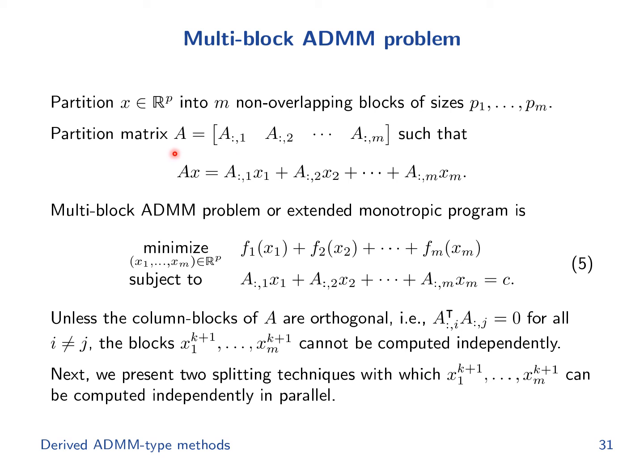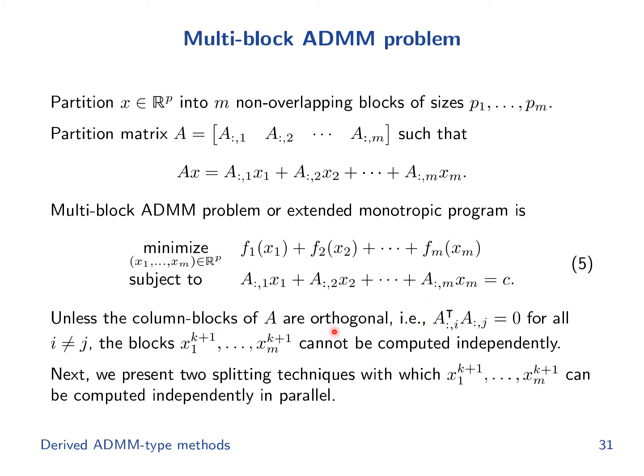Similarly, partition a matrix into a block of columns in this form such that A times X is the sum of each block times the corresponding subvector. So we write a multi-block ADMM problem in this form. It is also called an extended monotropic program. There are m functions, each with their own variables x_i, and then all the x_i's are combined or coupled together by the constraints.